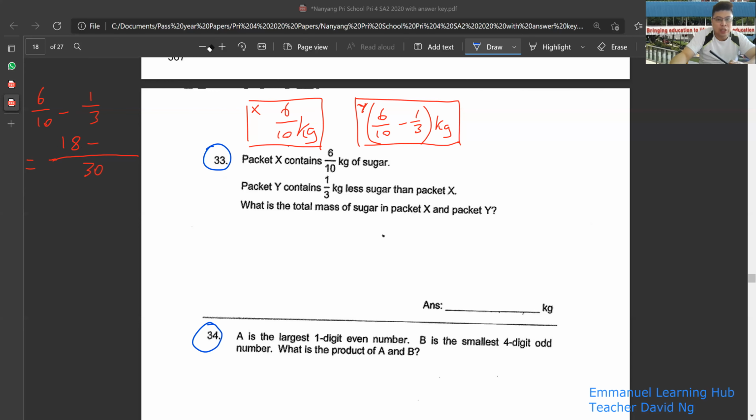Can you remember what I just taught you? My 3 changed to 30. Can you see? Because 3 times 10, I changed to 30, right? So I should change my 1 to what?